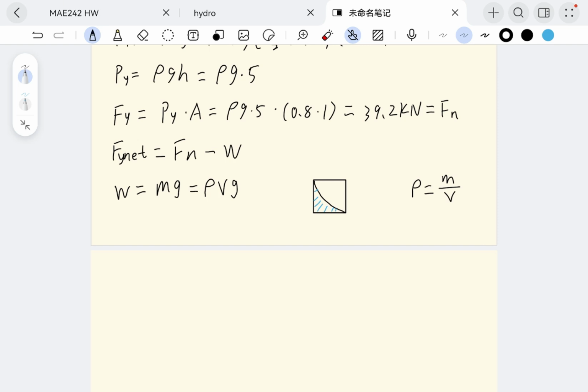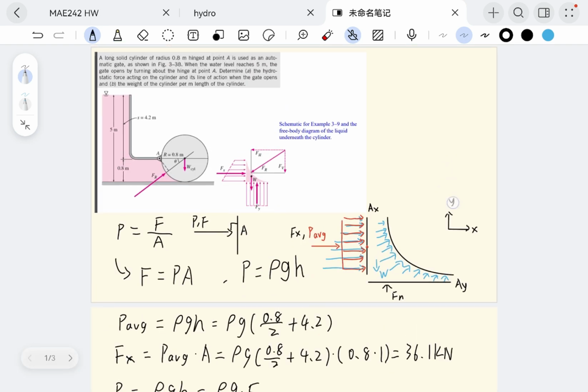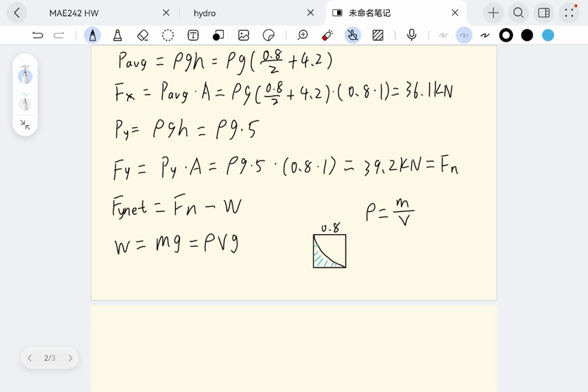So the area of this water would be, we know this is 0.8. That's the radius of the circle. And here is our square. It would be 0.8 squared, that's the area of this square, minus the area of this quarter circle, radius squared pi divided by 4.